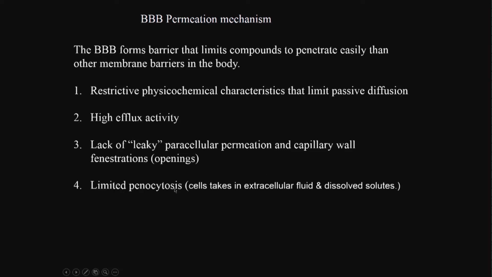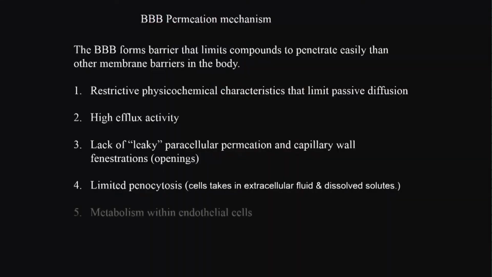Limited pinocytosis. What is pinocytosis? Cells take in extracellular fluid and dissolved solutes. That is called pinocytosis. It is like gobbling up, eating up. So it does not have much pinocytosis happening, so material cannot flow through. That is like eating up or gobbling up; it is not the permeation type of thing.